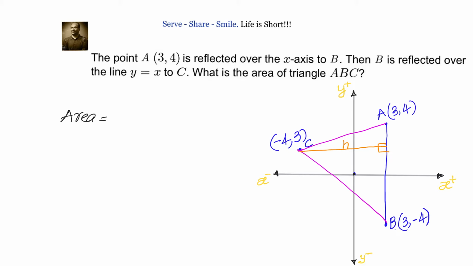Area equals half into base into height. Let us say this is X. That is equal to half into base, which is AB, multiplied by height, which is equal to CX.